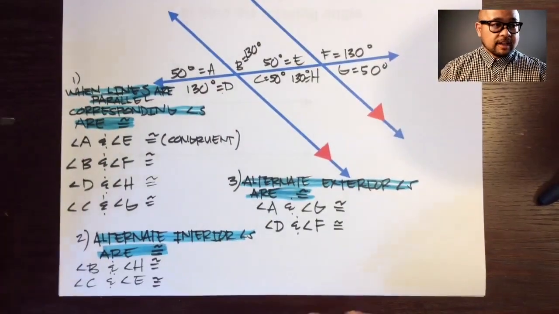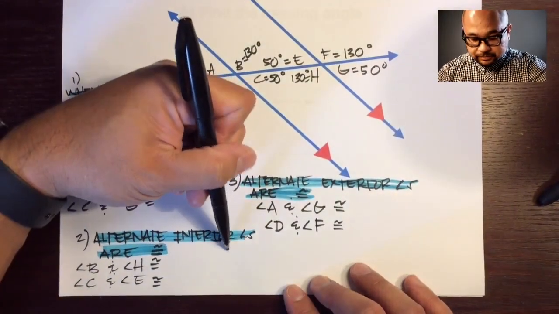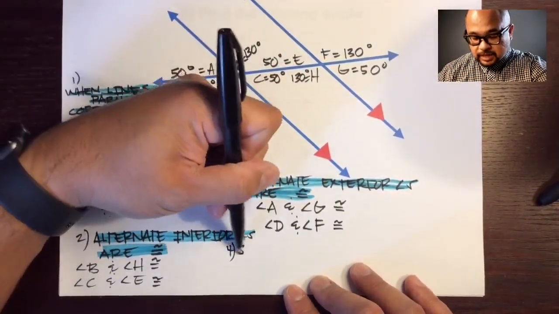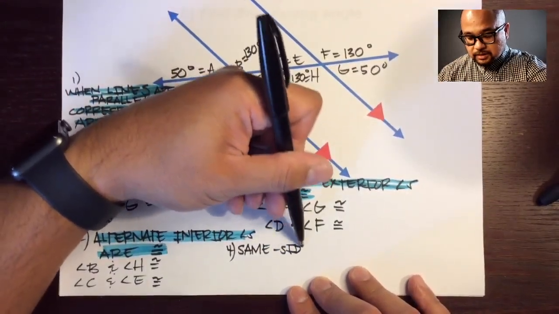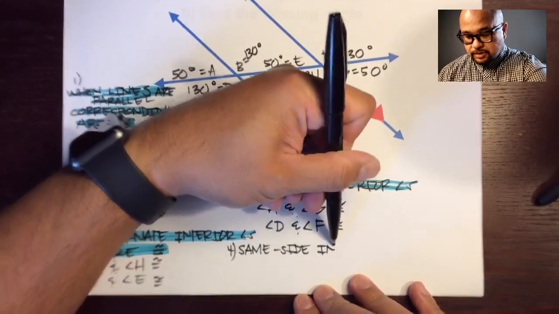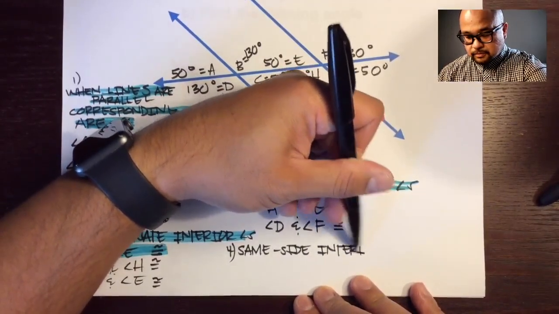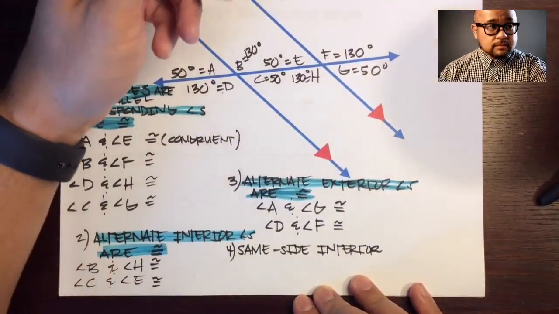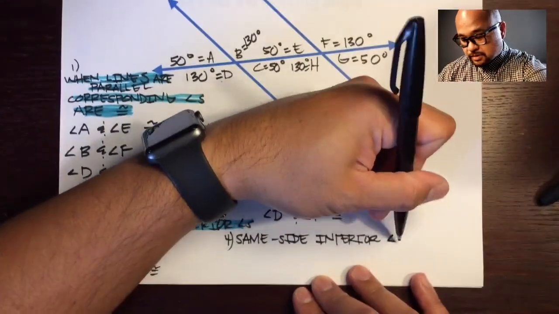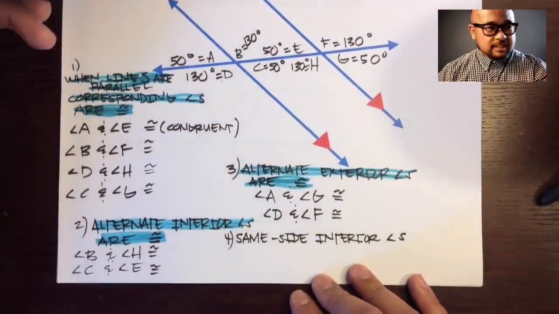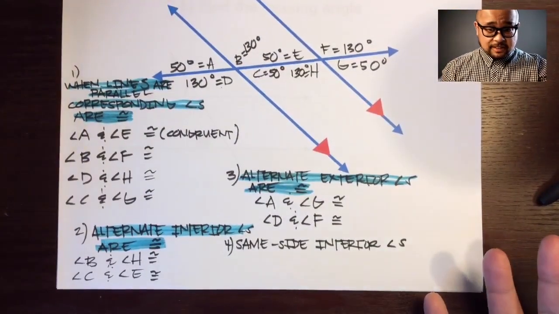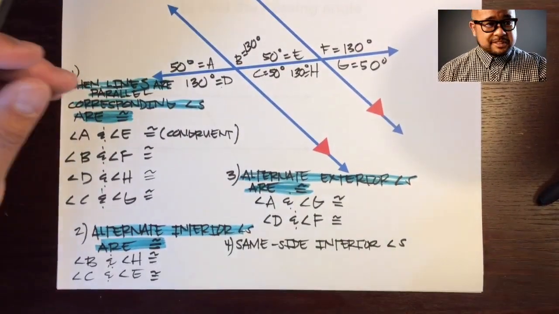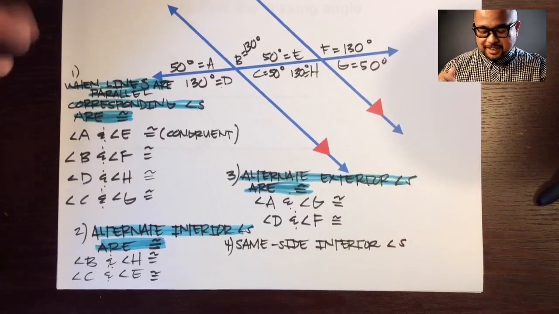Okay, and the last pair, same side interior angles, or consecutive interior, whichever one you'd like to say. I like saying consecutive interior because it makes me sound smarter, but if you want to use same side, then go for it.